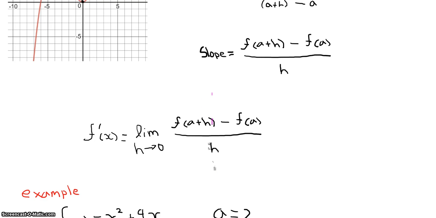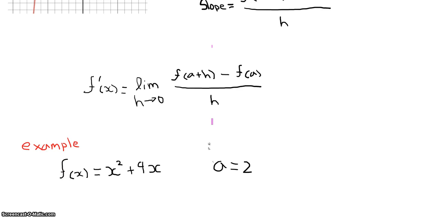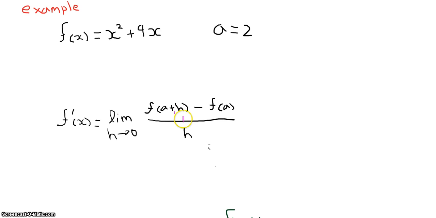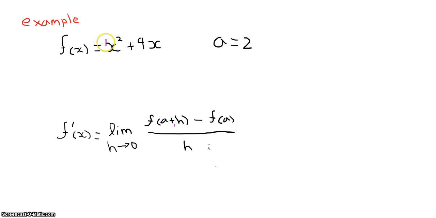So if we want to use this in an example, we can try to find the derivative of the function x squared plus 9x when a equals 2. So if we take the equation we just learned, we have f of a plus h minus f of a over h. So what we need to do is find f of a and f of a plus h.